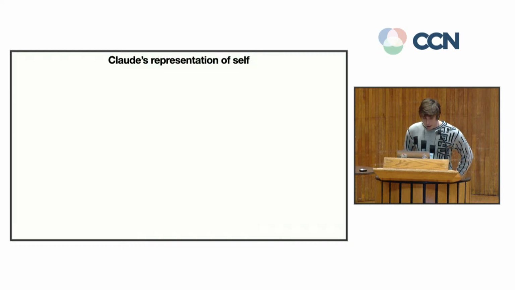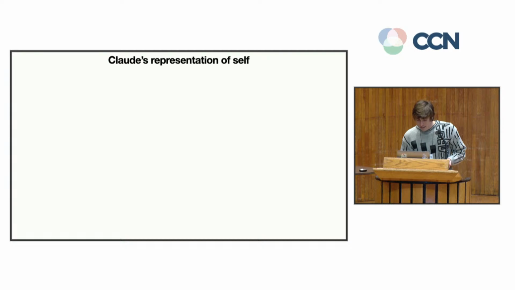Okay, I'm going to finish off with a crazy section, but hopefully not too crazy, where I'll describe some little experiments we did to get at the notion of what the model's representation of itself is. Claude 3 Sonnet, the model we studied here, is a model that's been fine-tuned from a base model to act like a chatbot instead of a next word predictor.